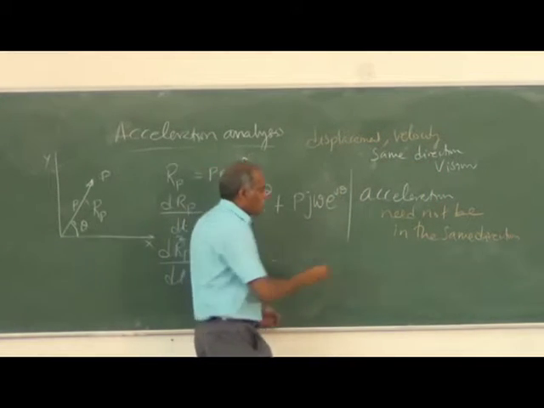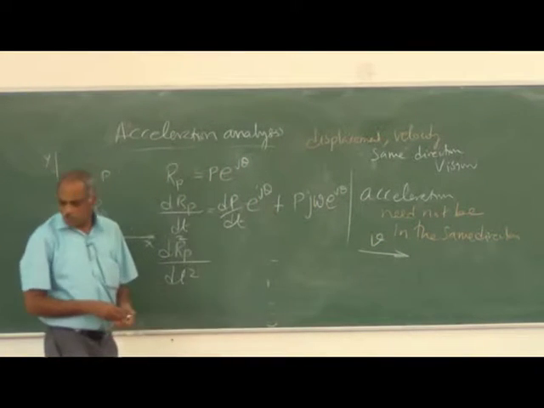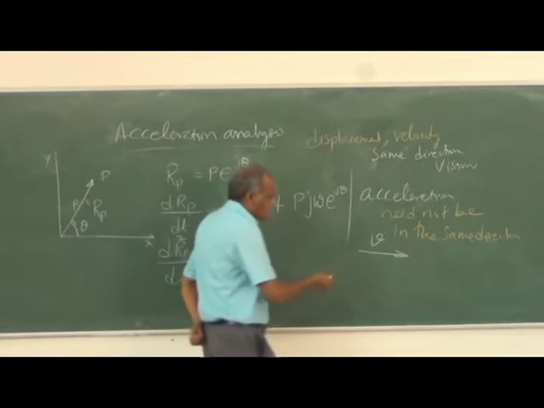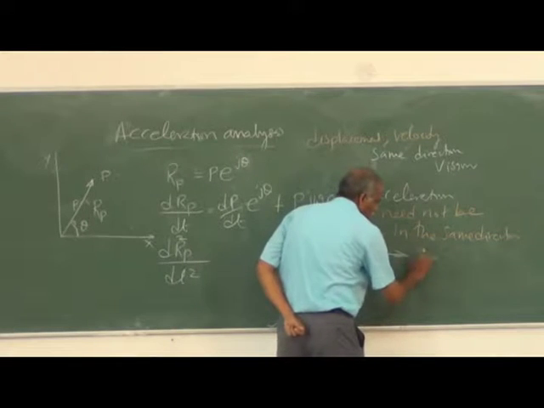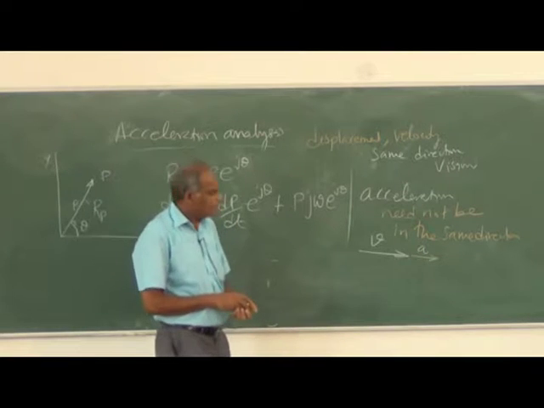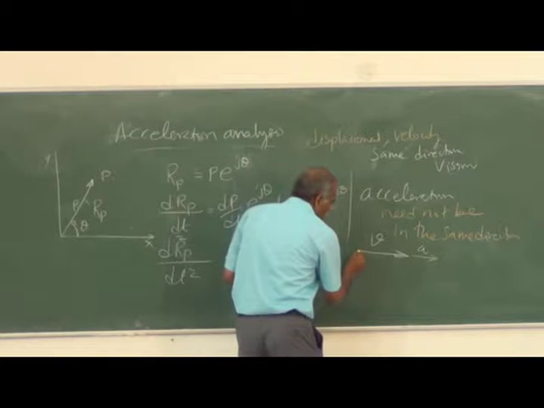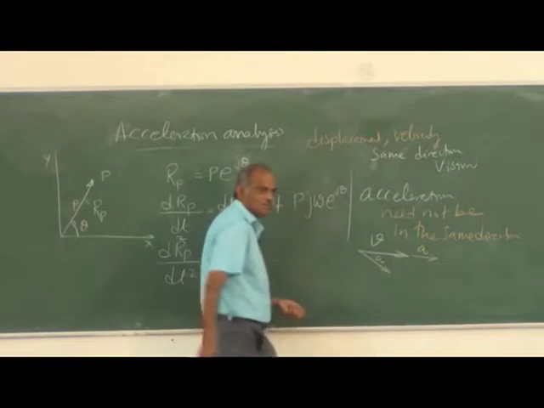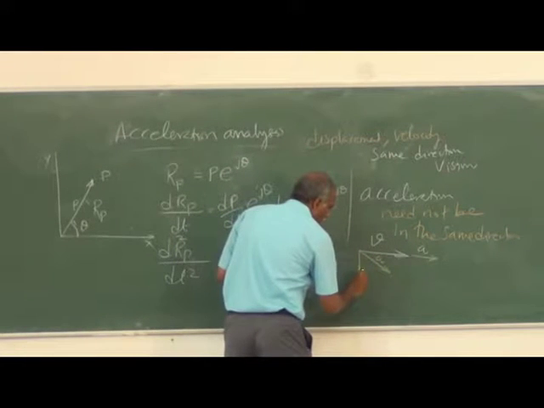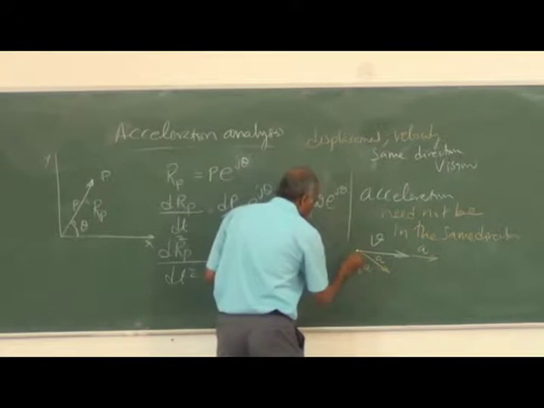If you take, for example, the velocity vector like this, the acceleration can be in the same direction, or it can be in a general direction like this, or it can be in a perpendicular direction, or it can be in the opposite direction also.